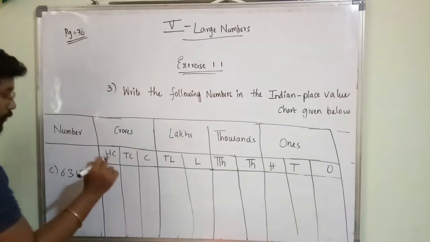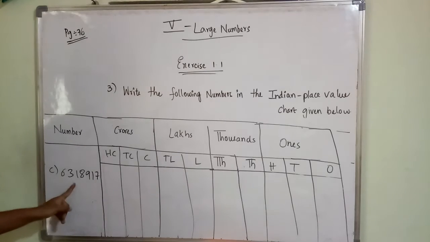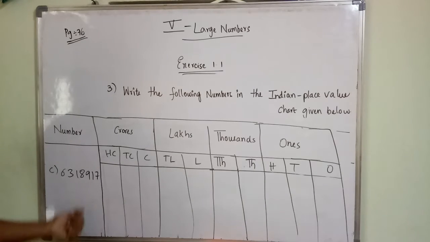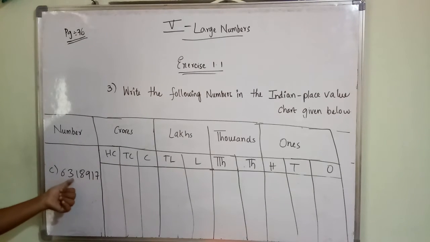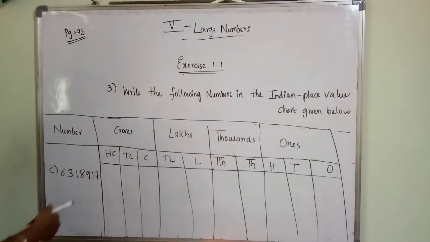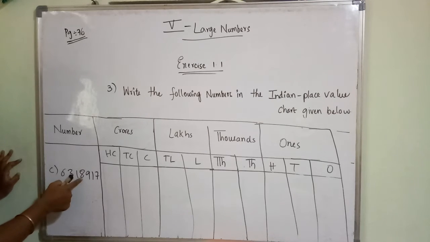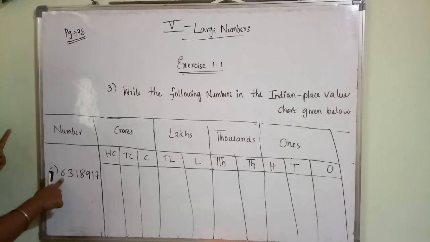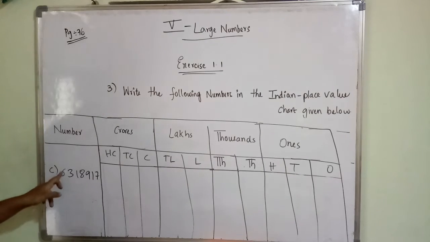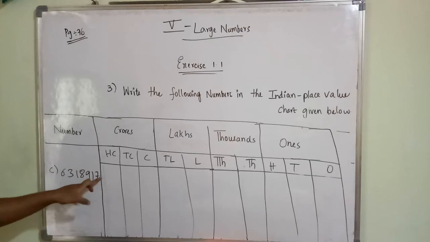So I don't know the number. Okay, 1 2 3 4 5 6 7, 7 digits are there. So these first 3 digits are in ones place, next 2 digits in thousands place, next 2 digits in lakhs place. So this number is 63 lakh 18,917.